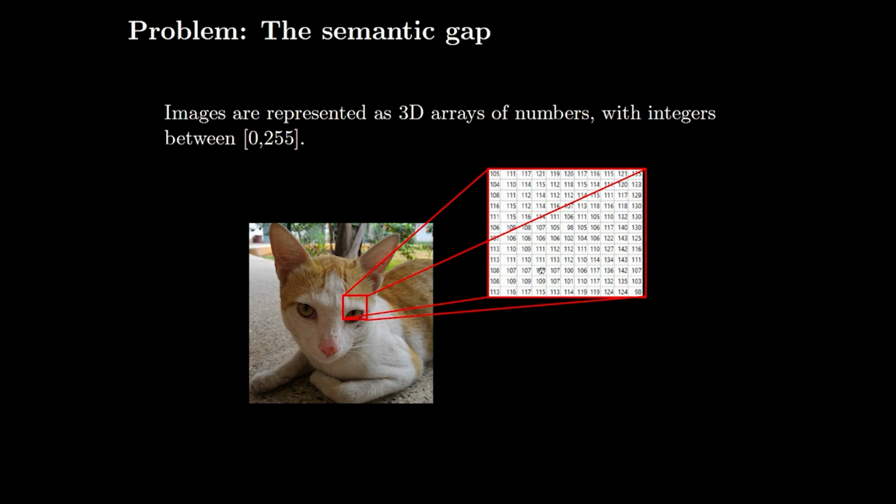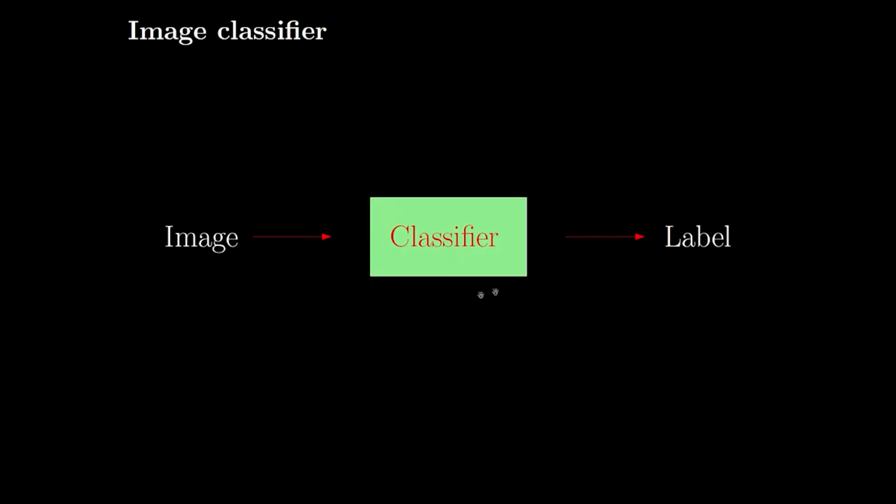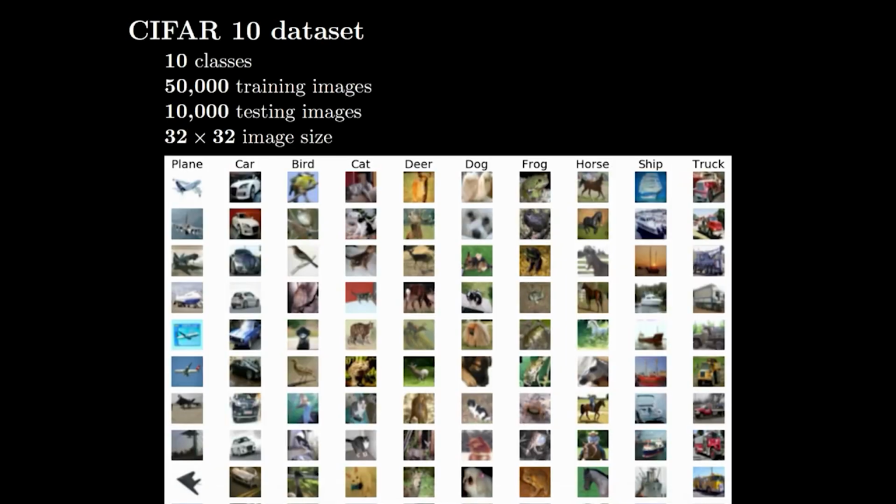So, the problem that we have in hand right now is, given the input as an image, we need to build a classifier that will give us the correct label. For this purpose, let us first look into the data set that we are considering.